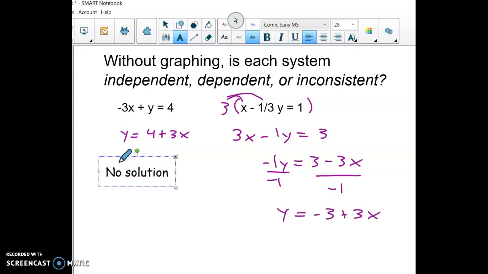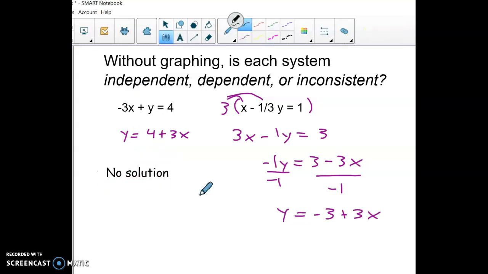If you really didn't know that, you could graph, but hopefully you would realize that these are just parallel lines, right? The first one starts at 4 and has a slope of 3, so it would look like that. And then the other one starts at negative 3 and has a slope of 3. So it's going to look like that. So they're going to be parallel lines that never cross, meaning no solution.